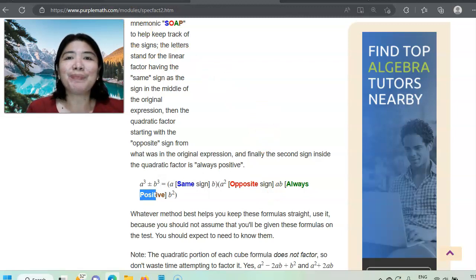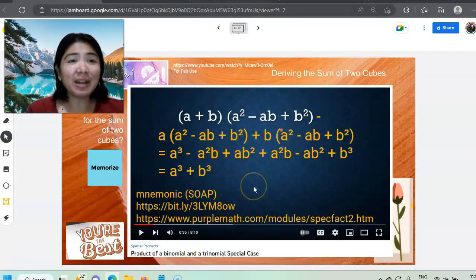Okay, so the second part of this video lesson will be the deriving. So again, we can always raise the bar. Aside from using the formula, it would be nice to be curious on how to prove it, to derive it, so that if you forget about the formula, then you can derive it, okay, to remember the formula and the mnemonics.